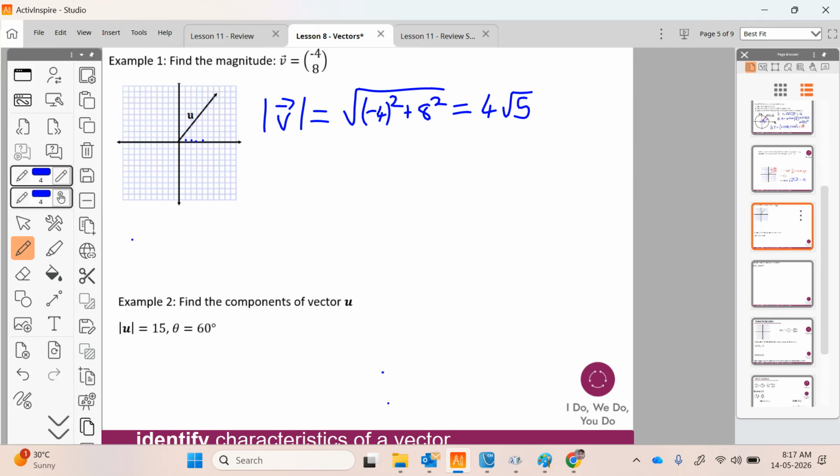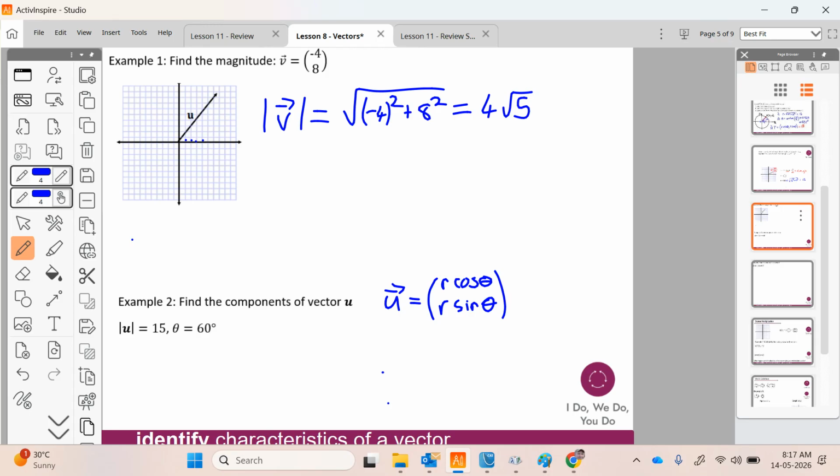Secondly, for example 2, we need to find the components of u. So the components of vector u are equal to r cosine theta, r sine theta. This is the formula for finding the components.